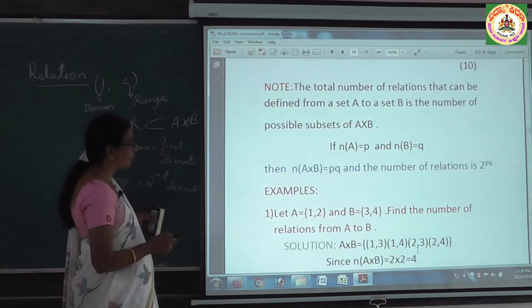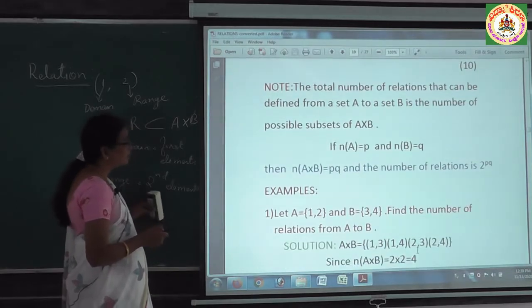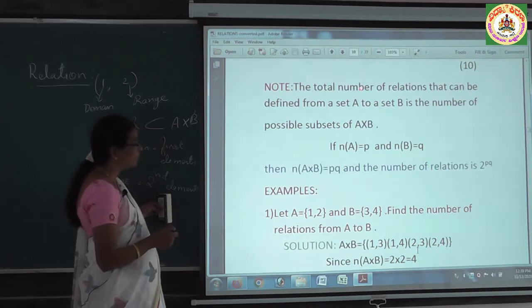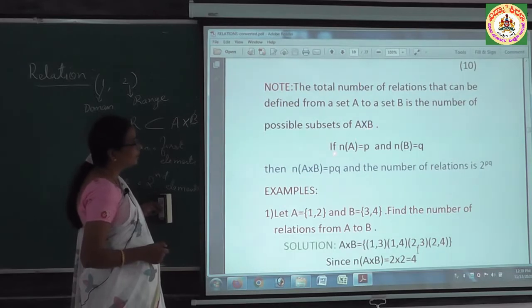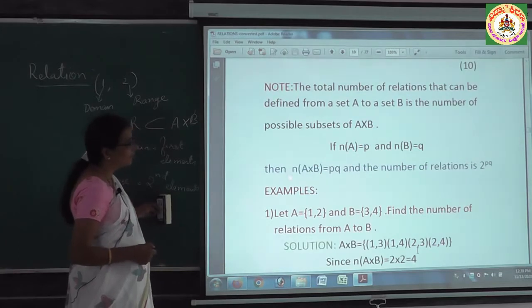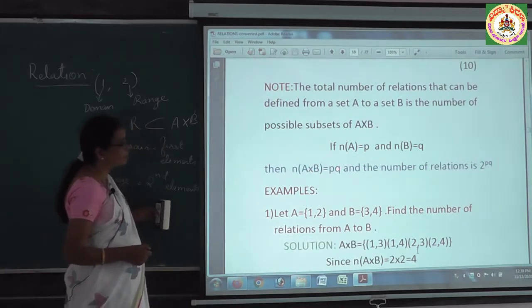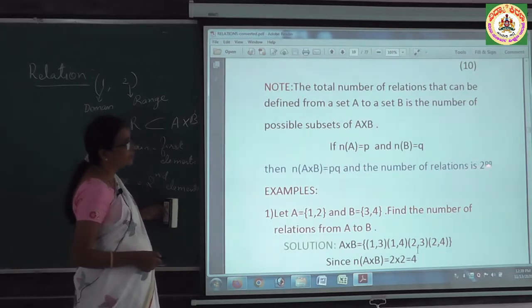Note: the total number of relations that can be defined from a set A to a set B is the number of possible subsets of A cross B. If we have n of A is equal to P and n of B is equal to Q, then n of A cross B is equal to PQ and the number of relations is 2 to the power of PQ.